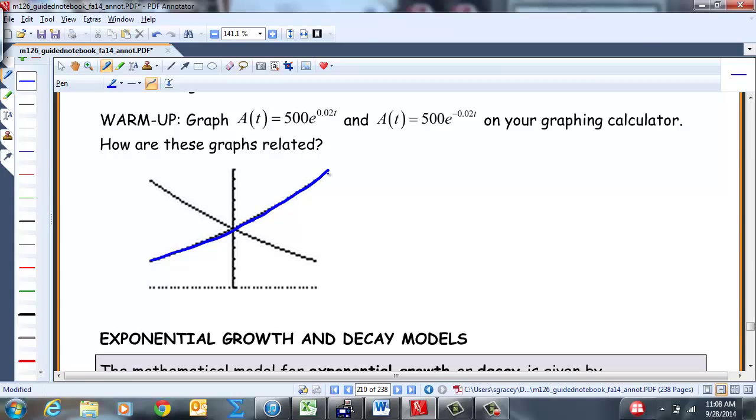And so this is A at t equals 500 e to the 0.02t, and this one here is the decay function.